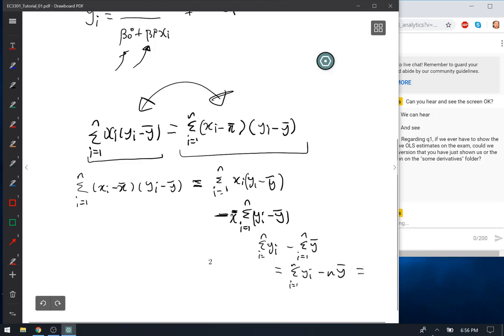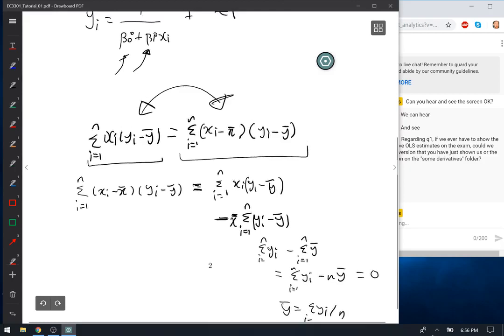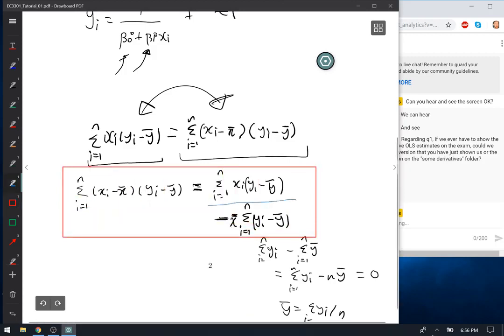And this is nought, because by definition y bar is the sum of y over n. All we've done here is expand this out and show that it just equals this part, because this bit equals nought. So you can do that in just a few lines.